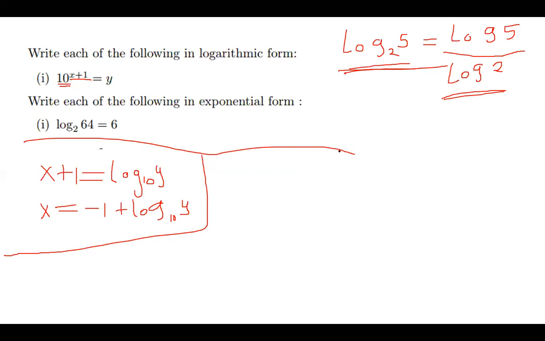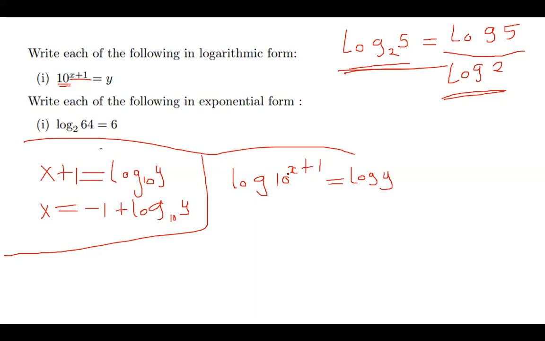The other method I wanted to show you is that if you have such an expression, you just introduce the logs on both sides. So we have log 10 to the power x plus 1, equals log y. You introduce the logs on both sides of the equal sign. Once you introduce the logs, you can drop the power.